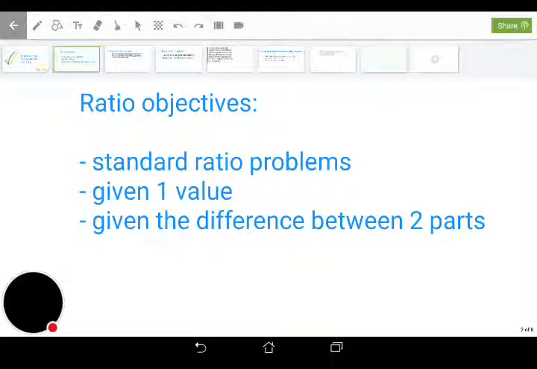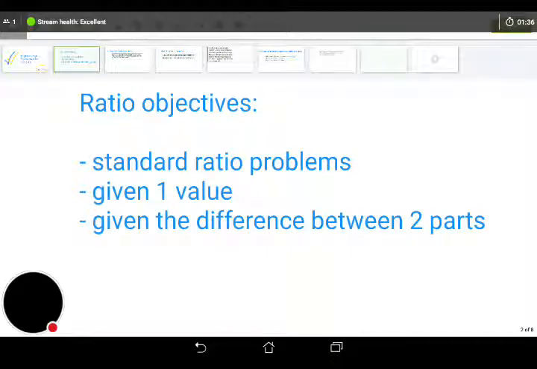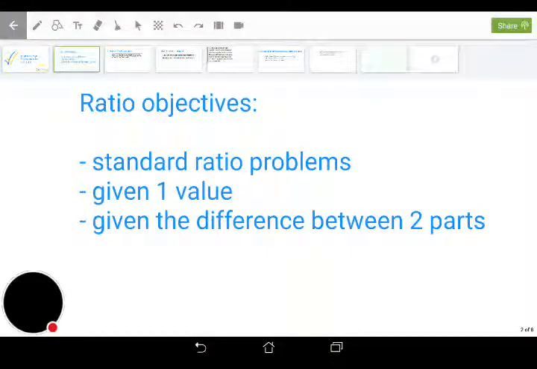Secondly is when you're given one value within the ratio question. And the last one is when given the difference between 2 parts of the ratio. They're the 3 things that we're going to look at today, and it shouldn't take too long.